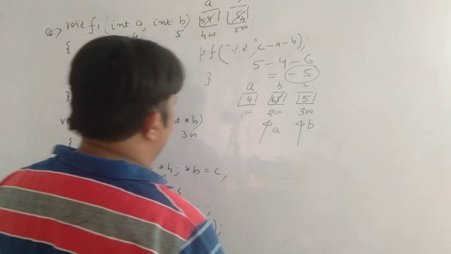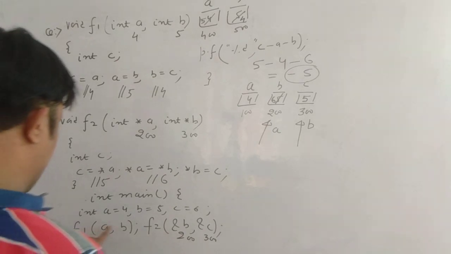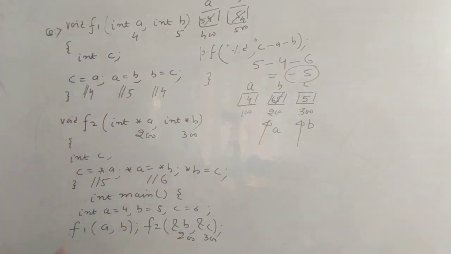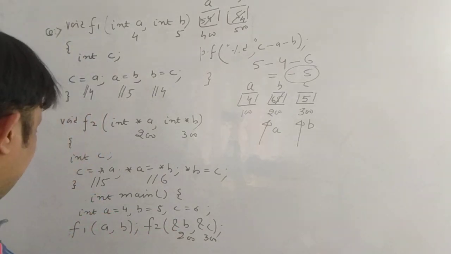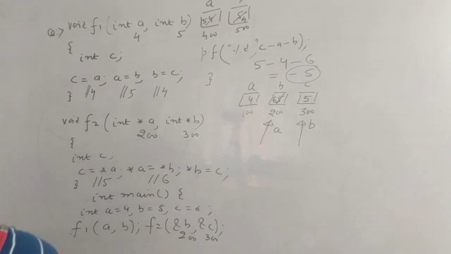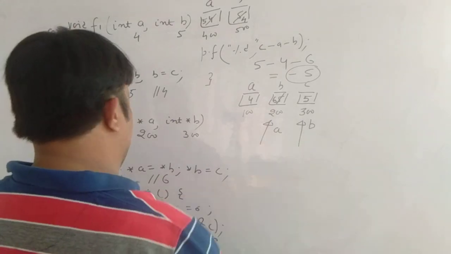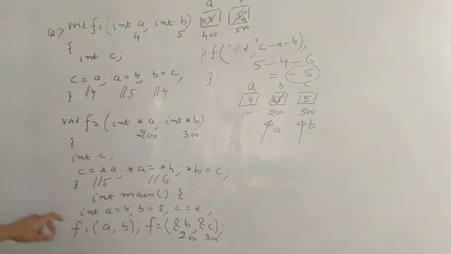What is the value of C here? There is a twist guys. Here the value of C we are taking as 5, but the value of C is what?